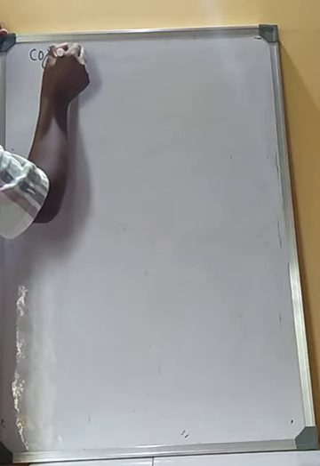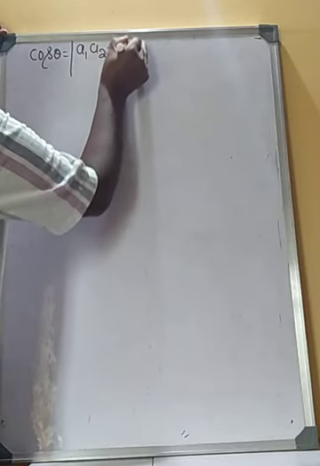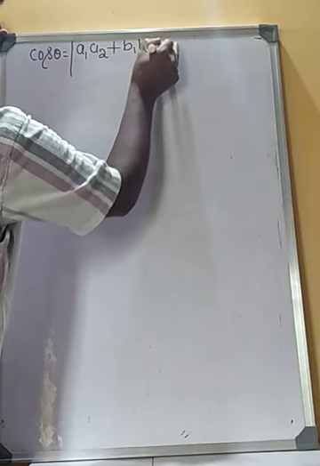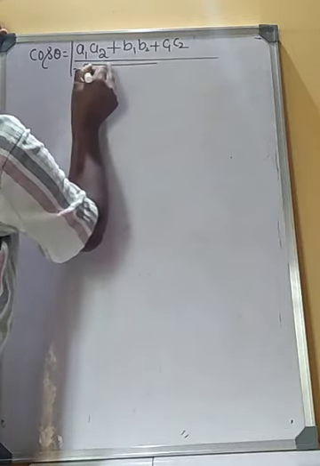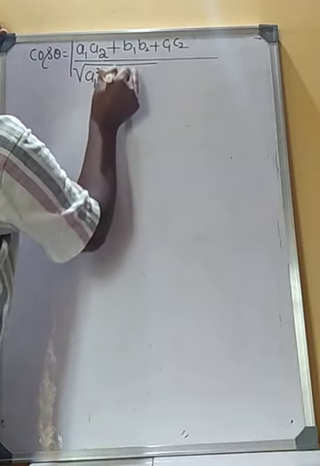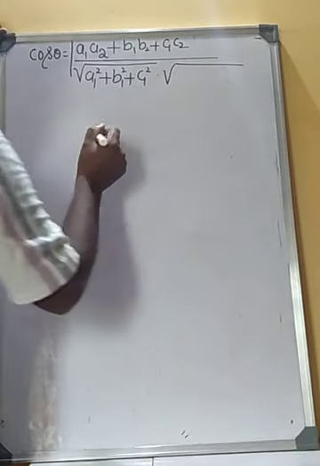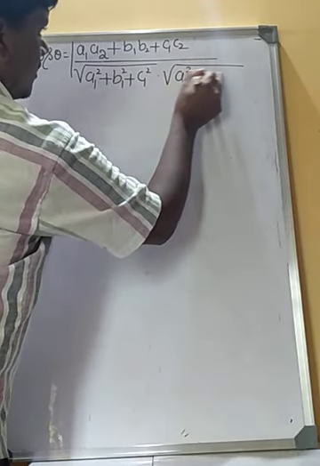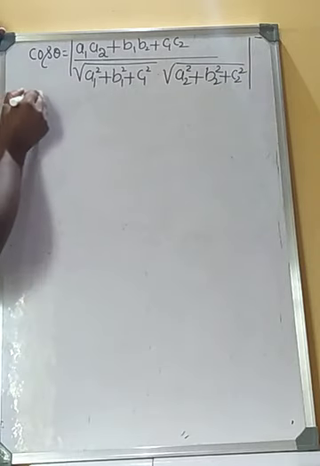Let theta be the angle between the given planes. Then cos theta is equal to magnitude of A1 A2 plus B1 B2 plus C1 C2 dividing by root of A1 square plus B1 square plus C1 square into root of A2 square plus B2 square plus C2 square.